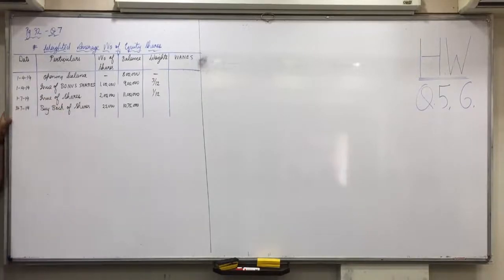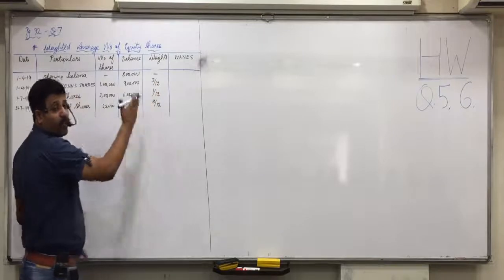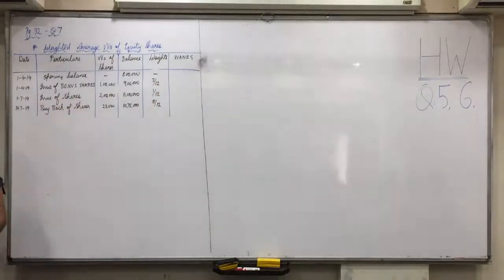And then 31st July means August onwards. So August, September, October, November, December, January, February, March, 8 by 12. Okay, as such 3 and 1, 4 months, so remaining 8. Any confusion in this? First one will have no weights, did you understand that?